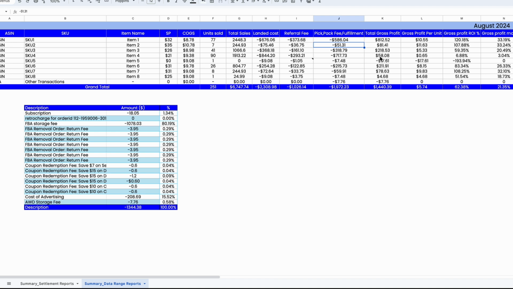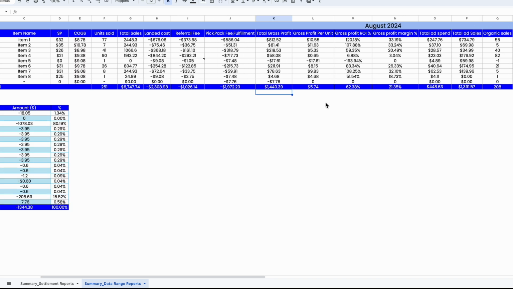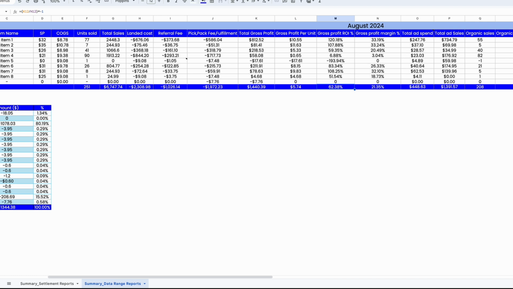Now, here is the thing. For the list of SKUs, I have close to 10 SKUs in this example. Based on the performance for the month of August, I see my total gross profit is around $1,440. Further moving on, we look at our gross profit per unit, and then we also calculate the gross profit ROI percentage.